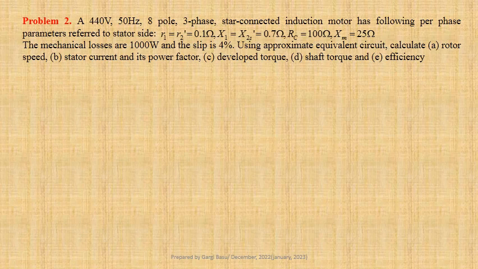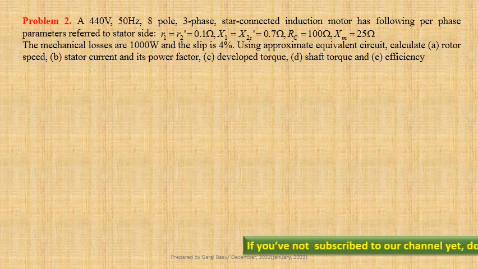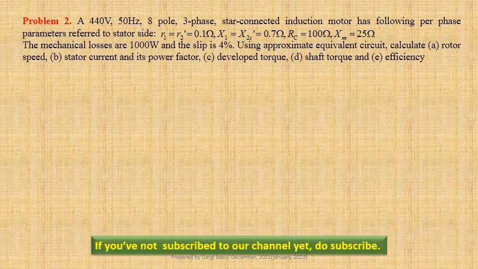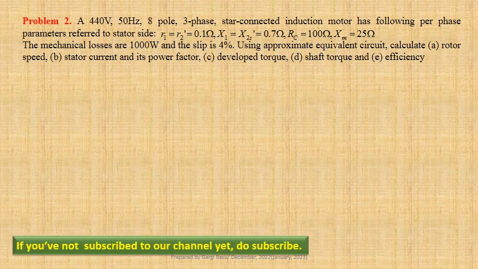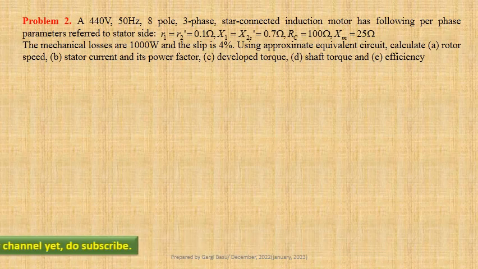A 440 volt, 50 Hz, 8 pole, 3-phase star connected induction motor has the following per phase parameters referred to stator side. R1 equals R2 dash equals 0.1 ohm, X1 equals X2S dash equals 0.7 ohm, RC equals 100 ohm, and Xm equals 25 ohm.